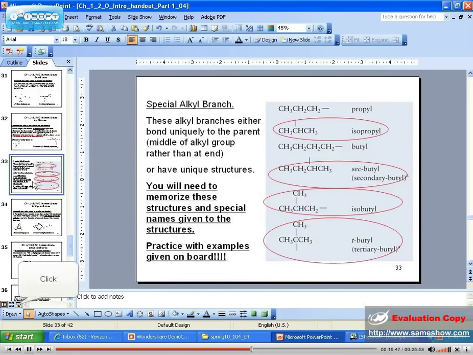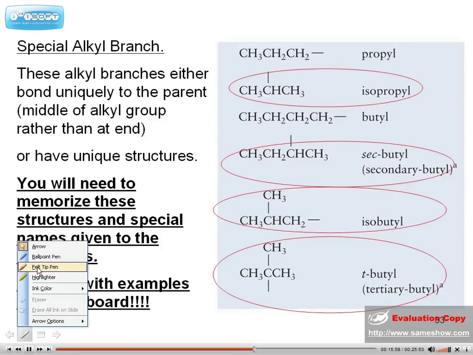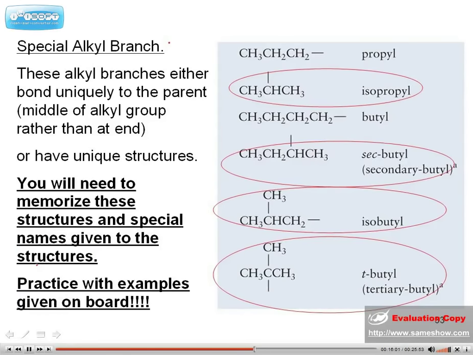Going back to our slides, we also have what we call common name IUPAC branches. In this case, these are more complex alkyl branches. They're branches off of branches, if you will.